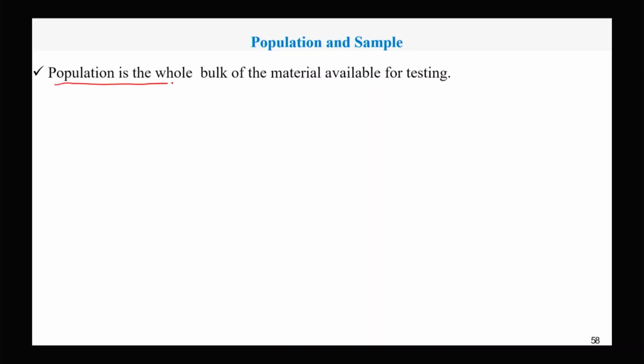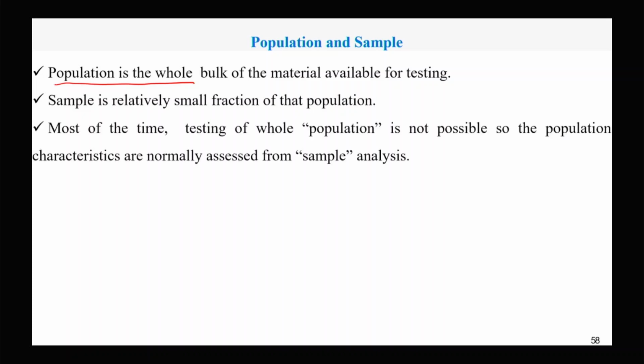In our case, the whole population is available for testing, but due to our time constraint we don't do that. So we collect a sample, as we have already discussed. Testing the whole population is not possible.